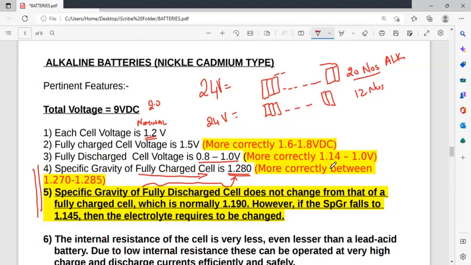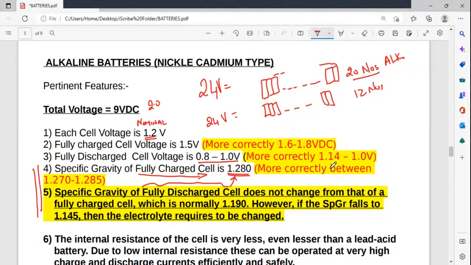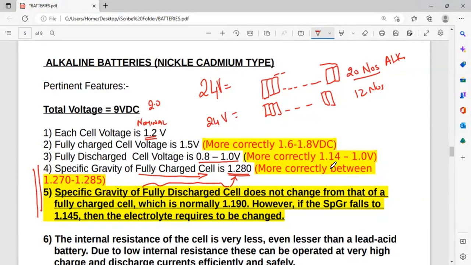Now the question that is asked in your orals: how do you determine whether your alkaline batteries on board your ship are in good condition or not?